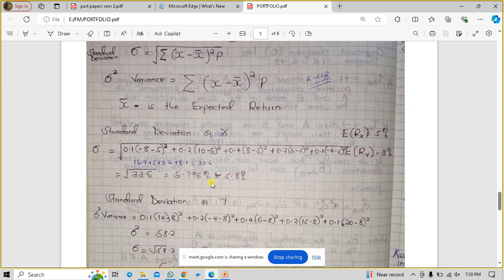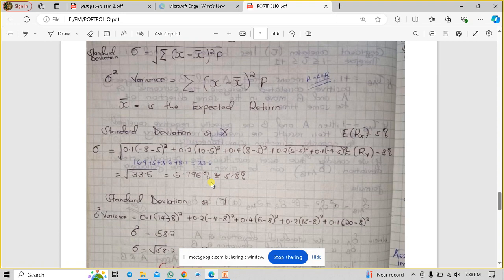we were supposed to get the coefficient of variation, and I told you the formula is standard deviation over expected return.